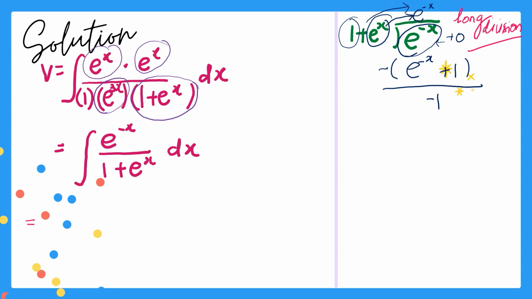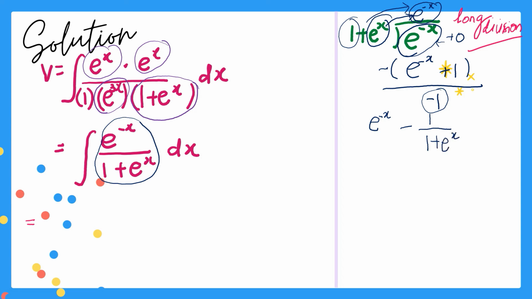So I can conclude that the integration of e^(-x) over 1 plus e^x is: you just take e^(-x) as a single function, and then we have a negative sign here, right? So I have negative, and then 1 over the remainder, which is 1 plus e^x.